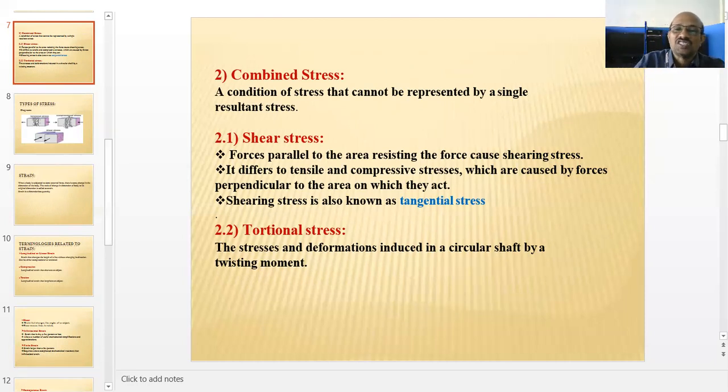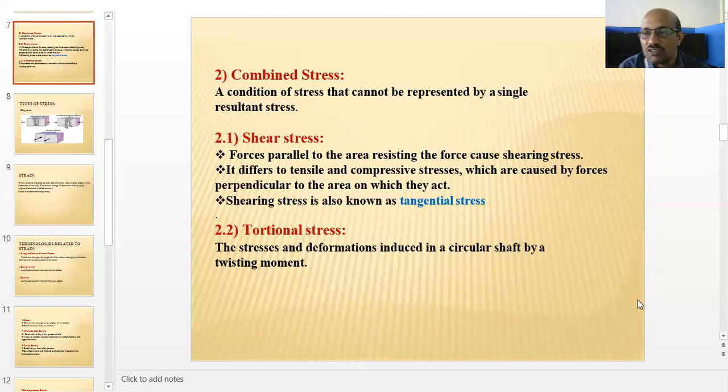The shear stress is also known as tangential shear stress. Another one is torsional stress. Torsional stress is defined as the deformation induced in a circular shaft by a twisting moment.